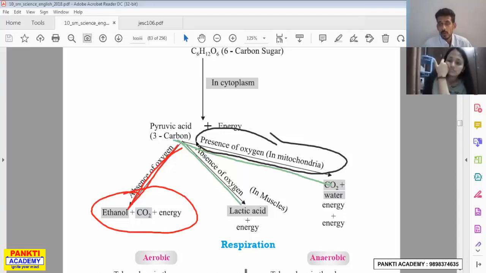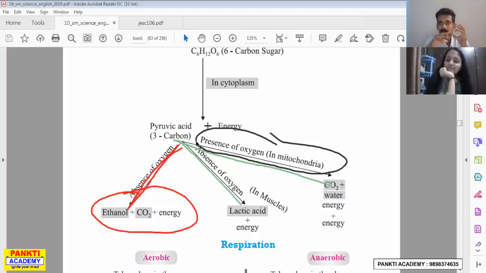But when you do some extra work in a gym, or in school you are given extra punishment, suppose 100 sit-ups or 200 sit-ups, then what happens? After 1 or 2 days, your legs feel pain, right?